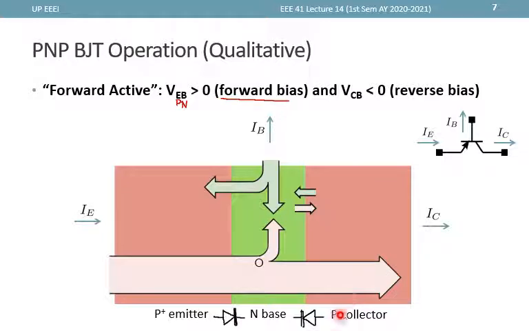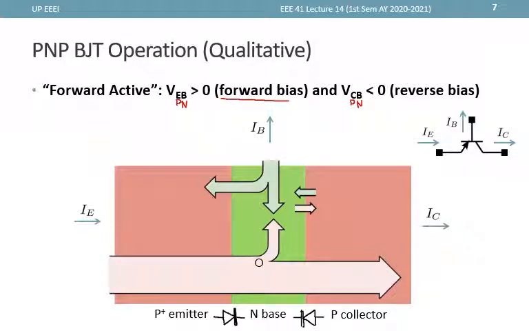For the collector base junction, we need to reverse bias it, so we apply a negative voltage to the junction, with the collector side considered as the P side and the base side considered as the N side.